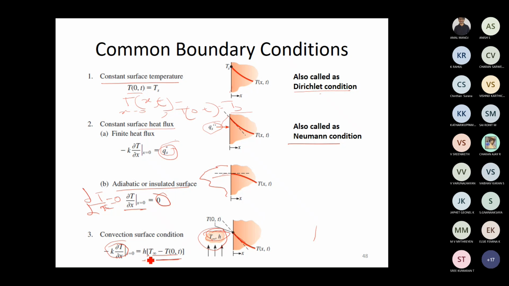That means instead of h multiplied by (T infinity minus T), we will use epsilon sigma (T infinity to the fourth minus T surface to the fourth). So that kind of boundary condition can be written. Or we have seen how to linearize the radiative heat transfer. In such a case, we can use this same condition, but in place of h, the convective heat transfer coefficient, we have to use h_r, the radiative heat transfer coefficient.